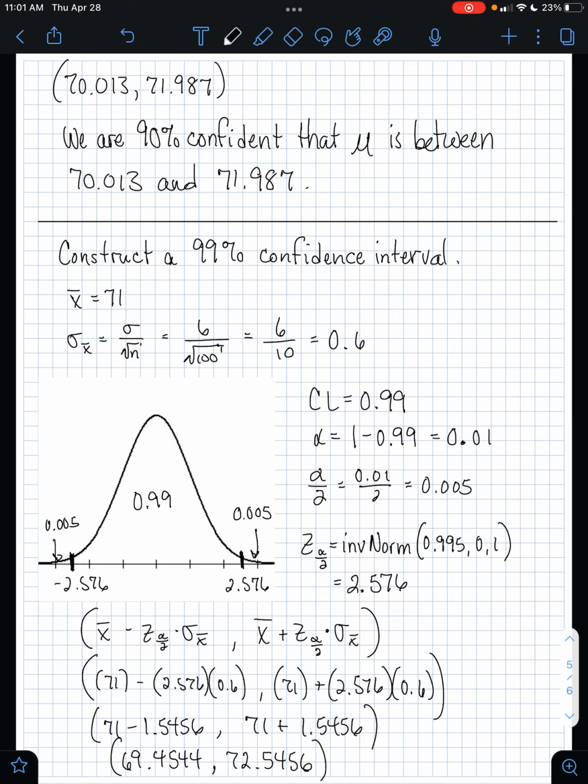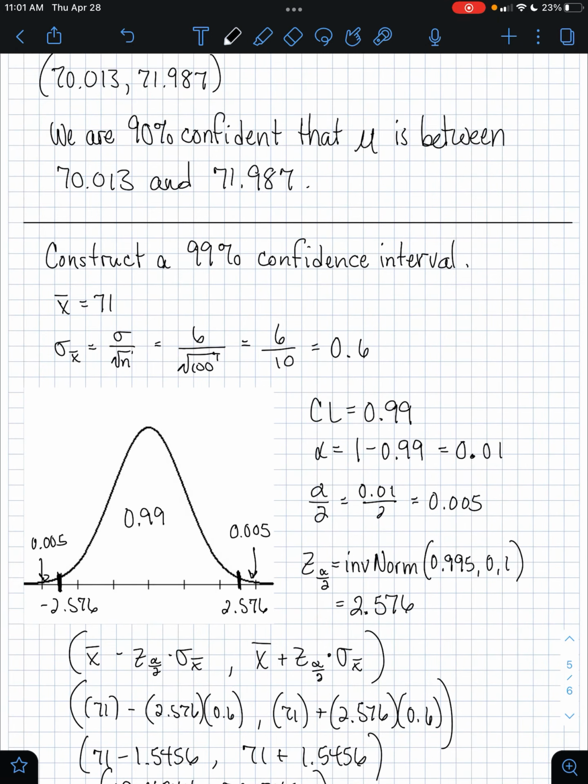So in a nutshell, this is how confidence levels work, or how confidence intervals work. A couple of things I do want to talk about here to wrap up the lesson. One of the things is I mentioned that the z-score is directly influenced by the confidence level.